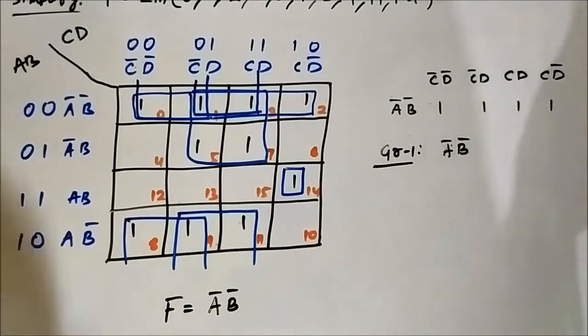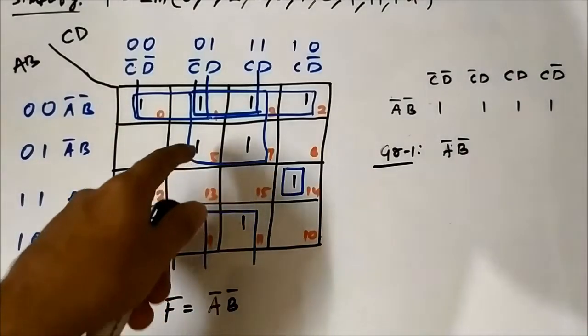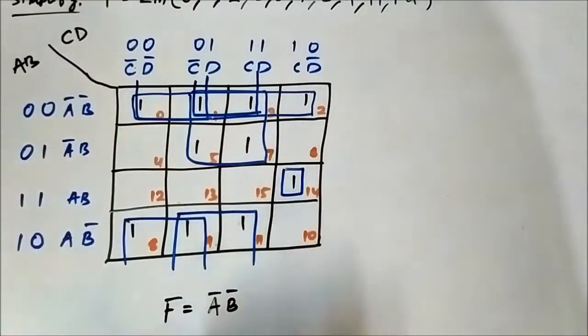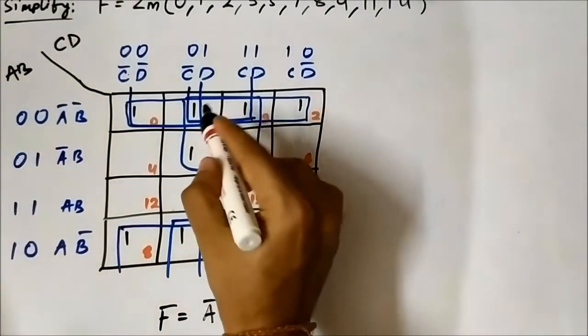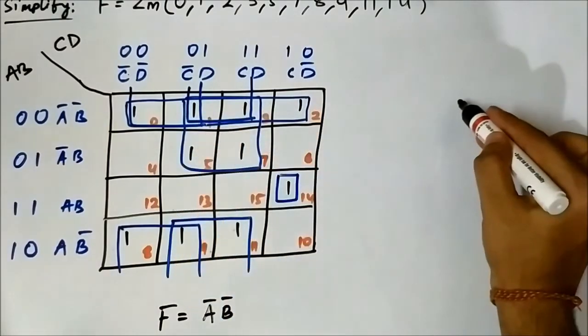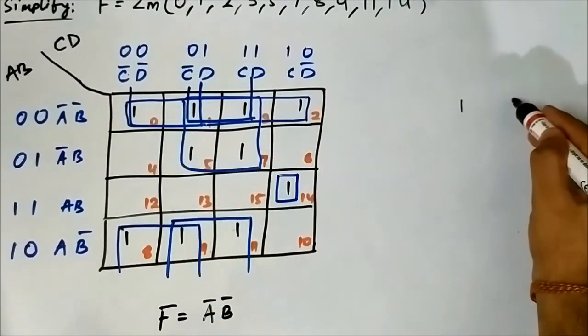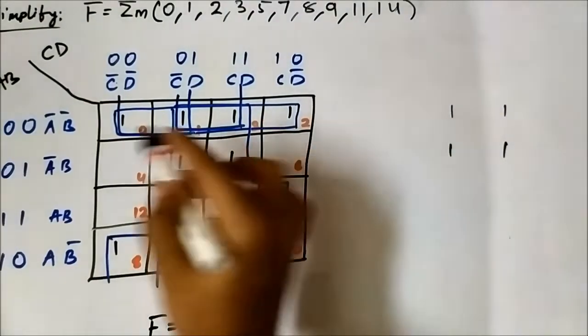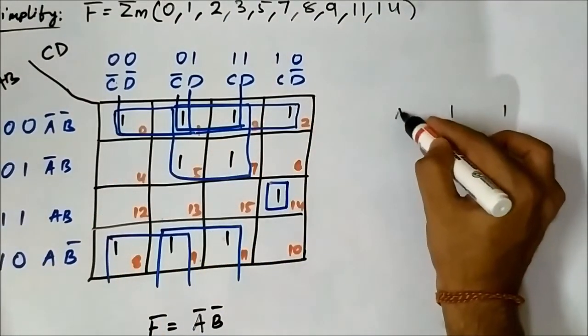Next is group 2, this quad. Let us focus on this quad involving cells 1, 3, 5 and 7. Let us write the horizontal and vertical components.